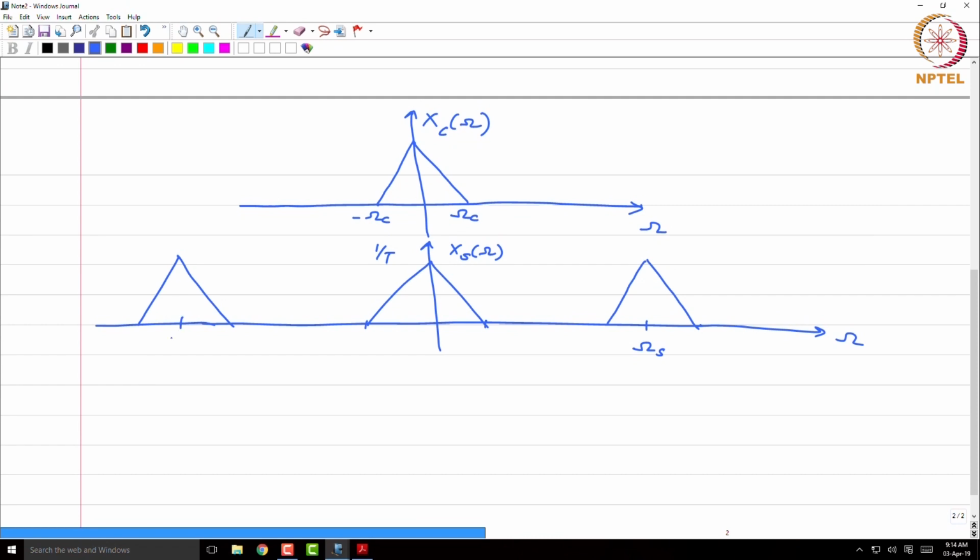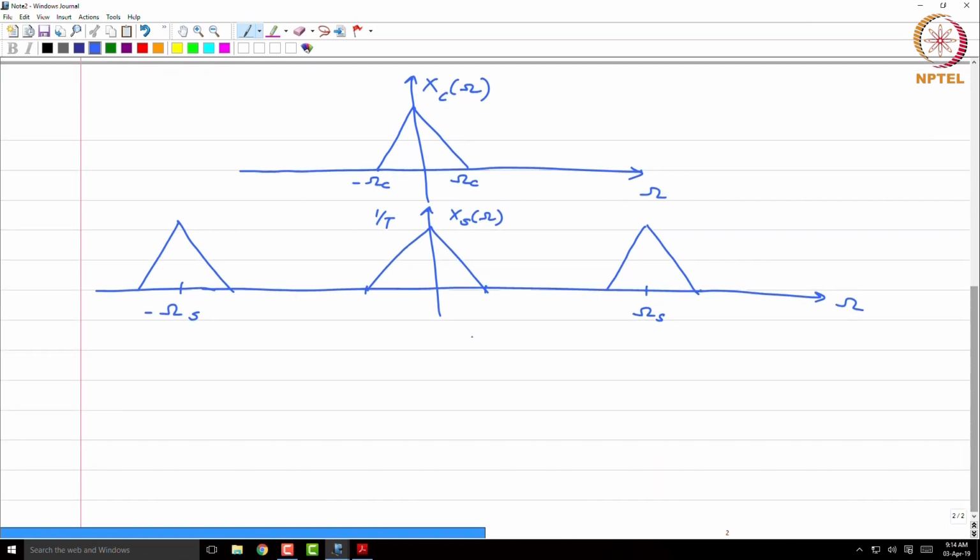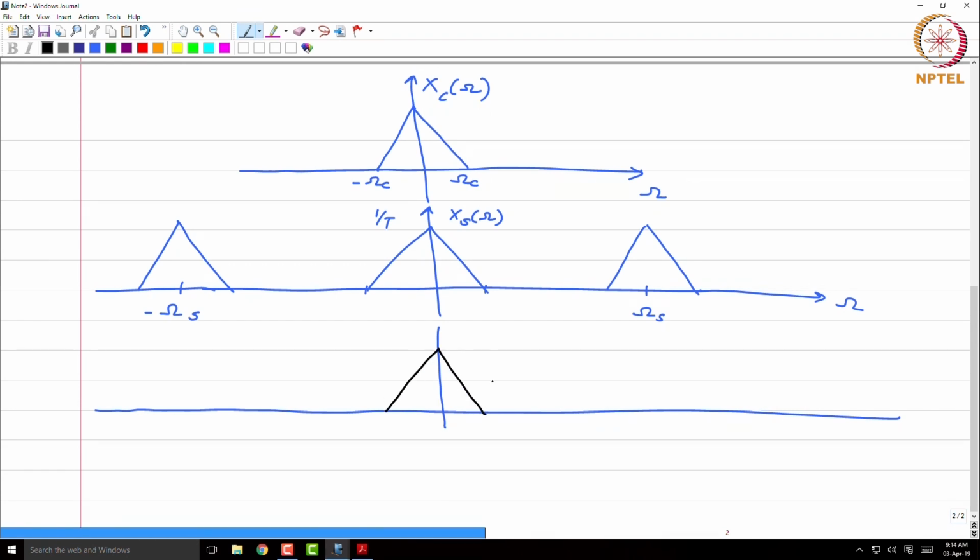The periodicity is omega s, and now we want the spectrum of the underlying DTFT. So this now is X of e to the j omega.